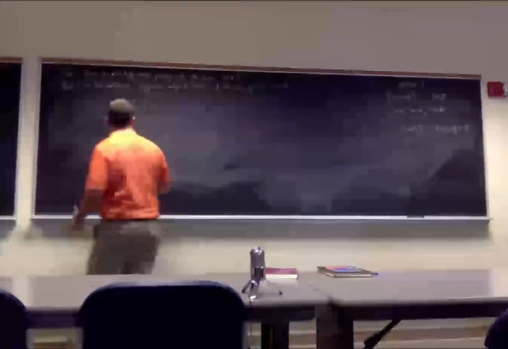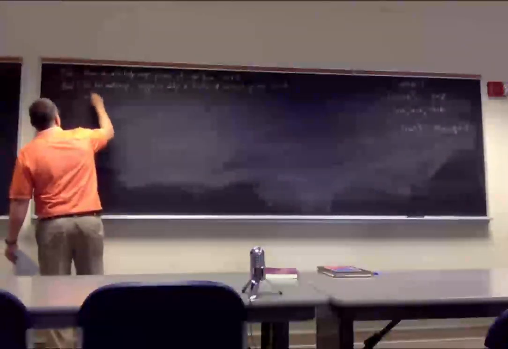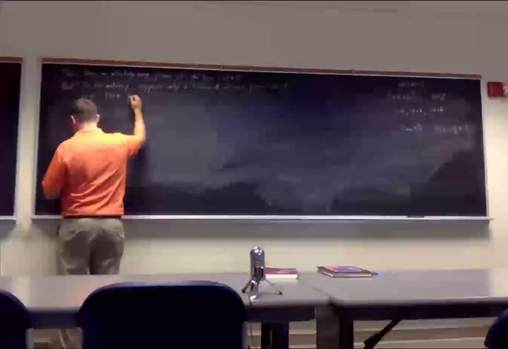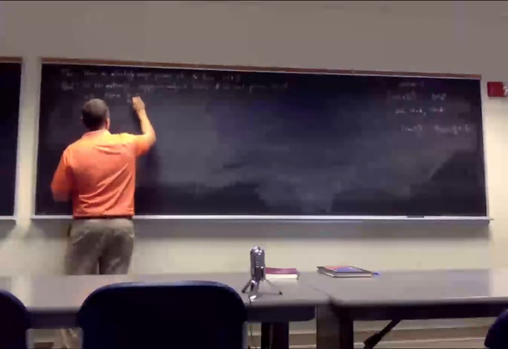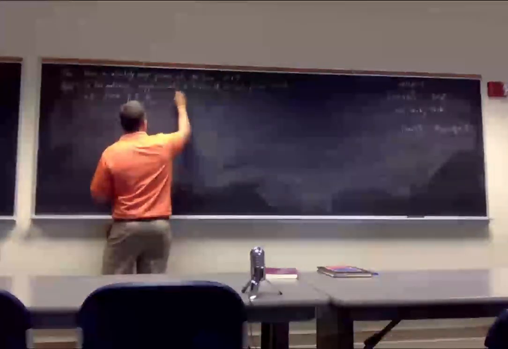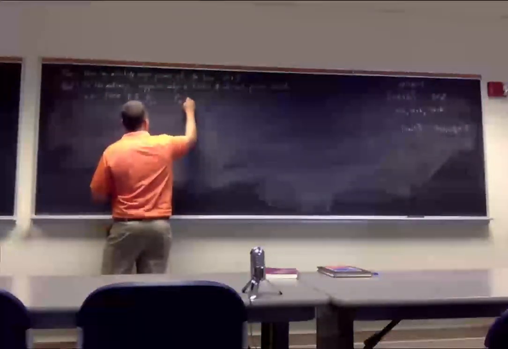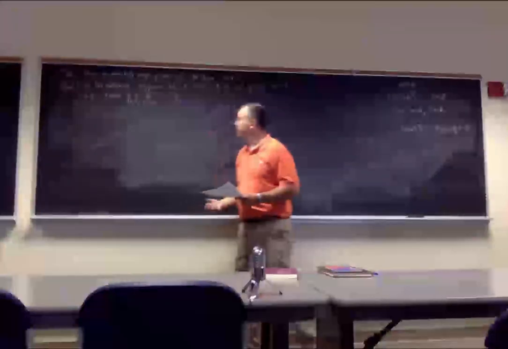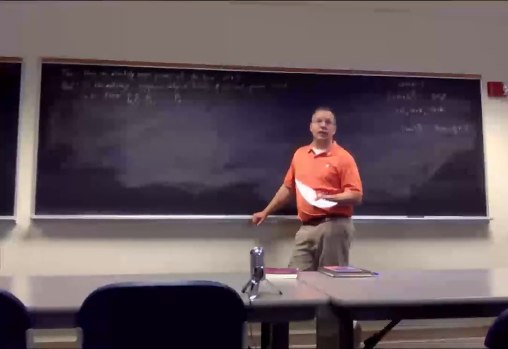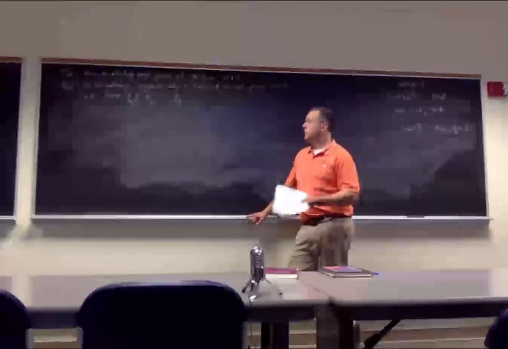Call them P0, P1, P2, all the way up to PK. Just like we did with Euclid's proof, suppose there's only a finite number of them. We can call them P0 through PK.